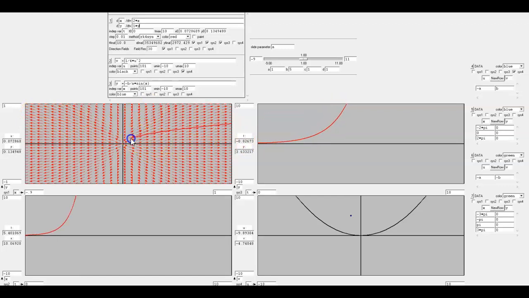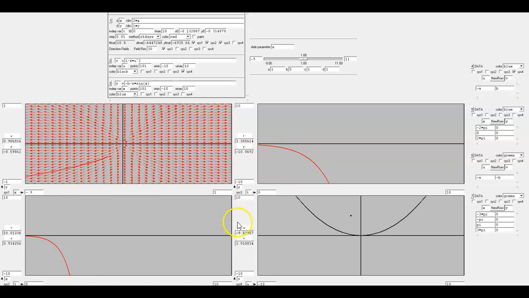Over here, similar type of thing, except here both of them are going to infinity. Down here, same thing, but here x is going towards positive infinity. That's this graph. Y is decreasing towards negative infinity, so there's that graph. And then similar type of behavior over here, x to negative infinity and y to negative infinity as well.